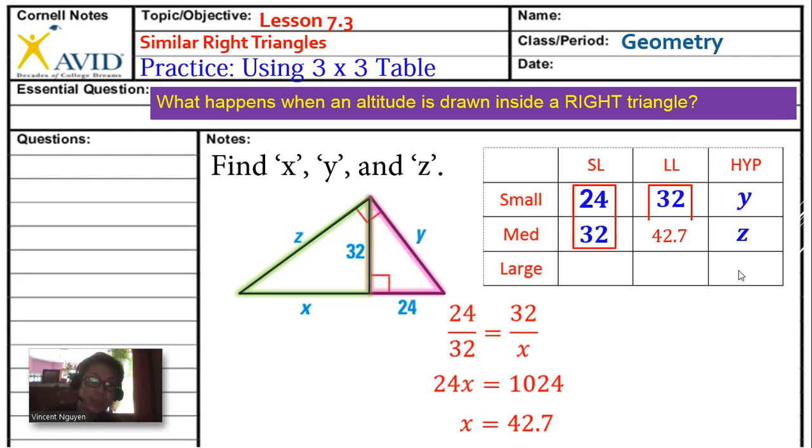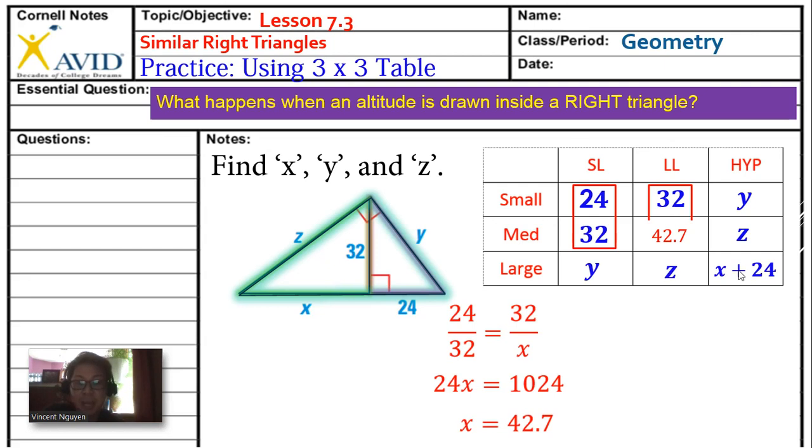Now I have y and z left. I can't use that to solve for either one of them, so I'm going to have to fill out my large triangle. Notice its short leg is y, long leg is z, and the hypotenuse is x plus 24 because that's the whole thing, right?